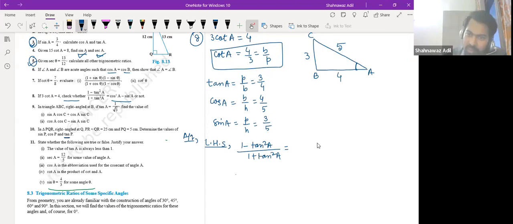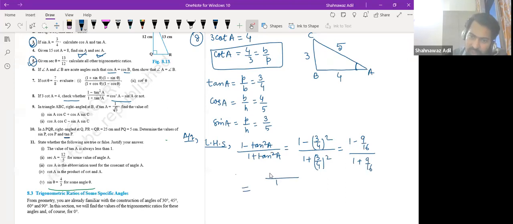So 1 minus 3 by 4 whole square, 1 plus 3 by 4 whole square. So 1 minus 9 by 16, 1 plus 9 by 16. So 16 we take LCM. So 1 into 16 minus 9. Again we take 16 LCM.